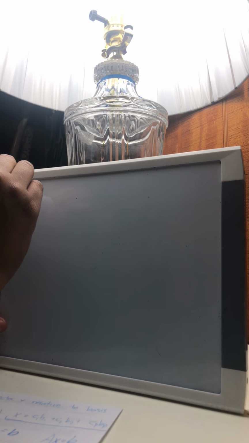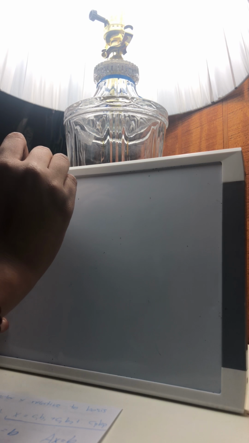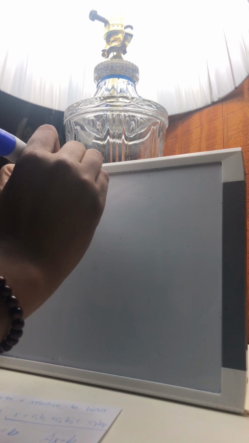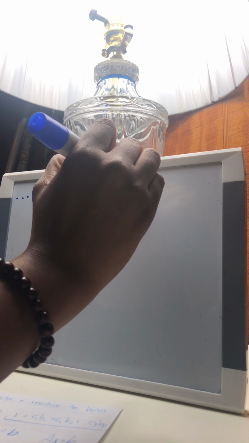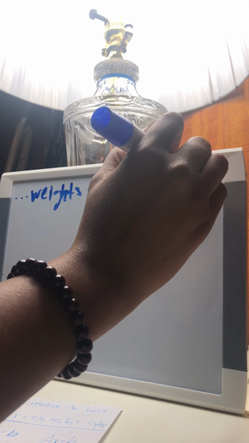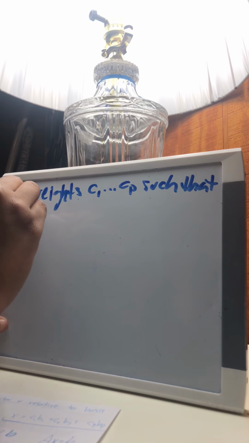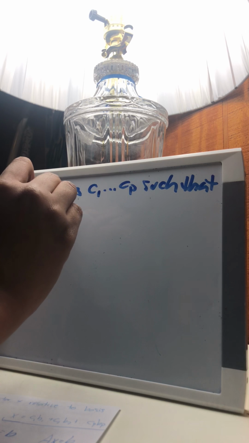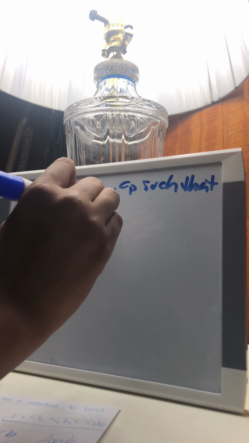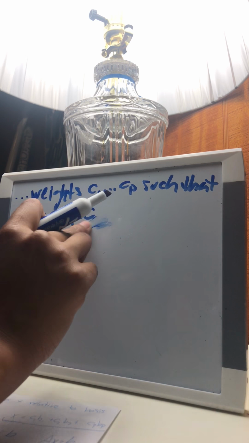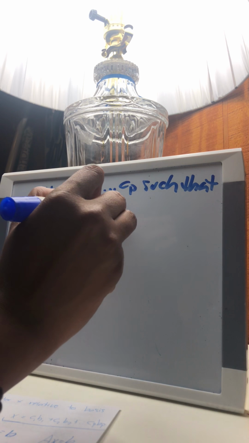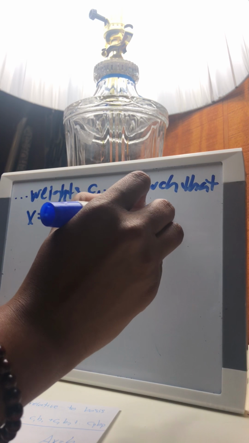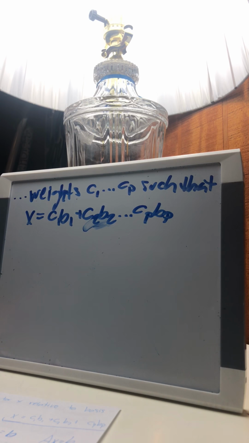The definition says that this vector x is essentially the weights C1 up to CP such that x is equal to C1 B1 plus C2 B2 all the way up to CP BP.